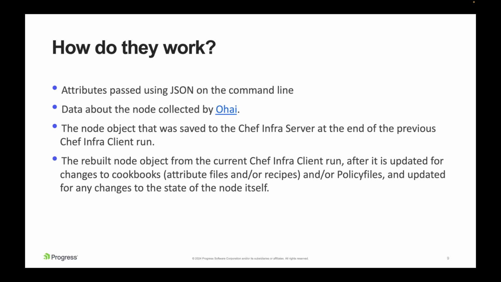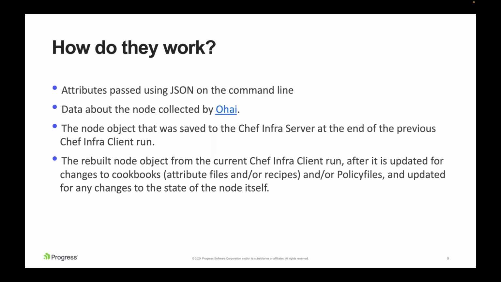Or any attribute files, recipes, policy files, however you've done this, and updates it for the changes to the state of the node itself. So after the node object is rebuilt, all of the attributes are then compared, and then the node is updated based on attribute precedence. We'll go through the precedence list of the attributes as well.